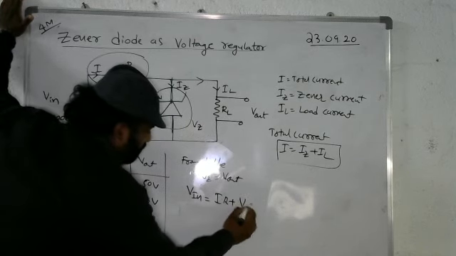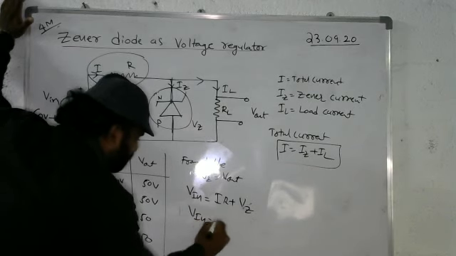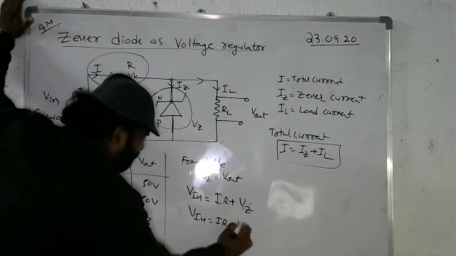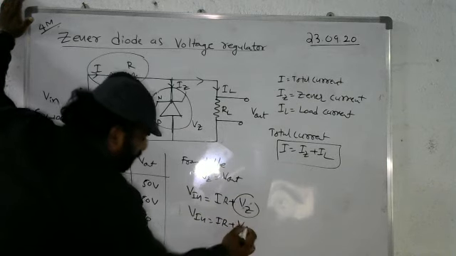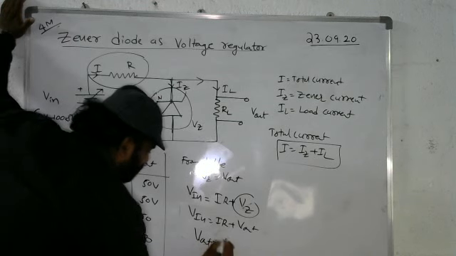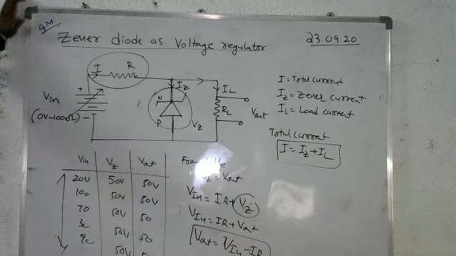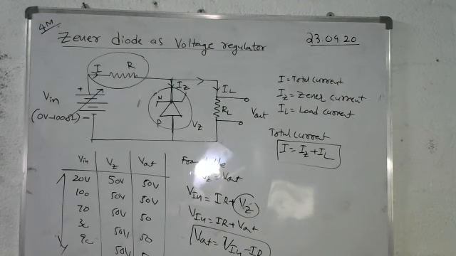Since Vz is equal to Vout, Vin is equal to IR plus Vout. What is the output voltage? Vout is equal to Vin minus IR. Look at the board once again.